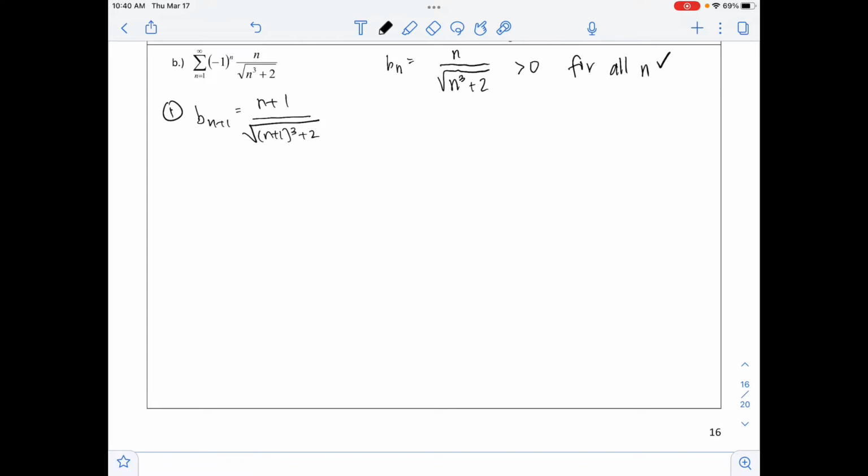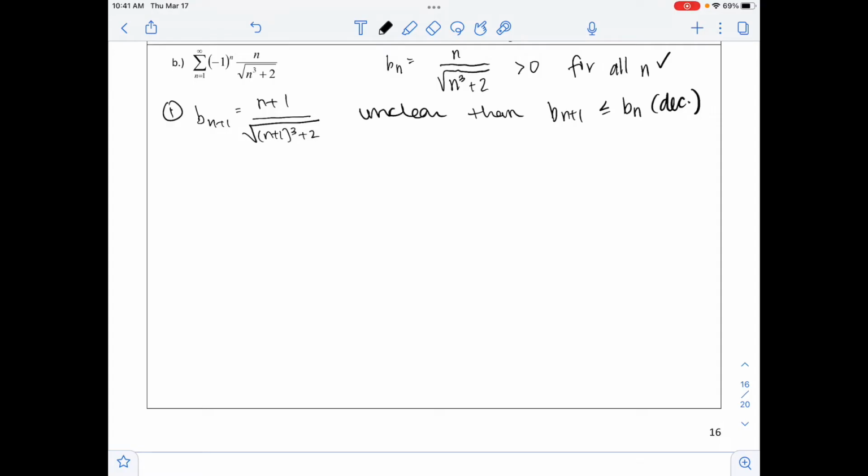You could say that that denominator is growing faster than the numerator. So therefore each term would be consecutively decreasing. But I'm going to go ahead and say that this one's very unclear. And so if it's unclear to show that b sub n plus 1 is less than or equal to b sub n, or that it's decreasing, then that means that we're going to use our first derivative test.